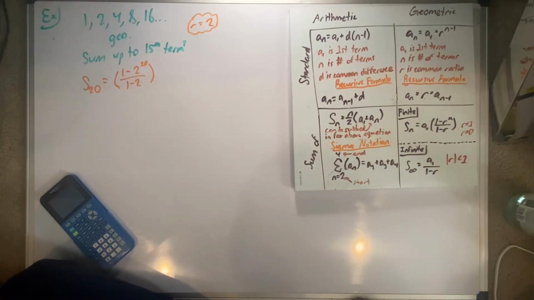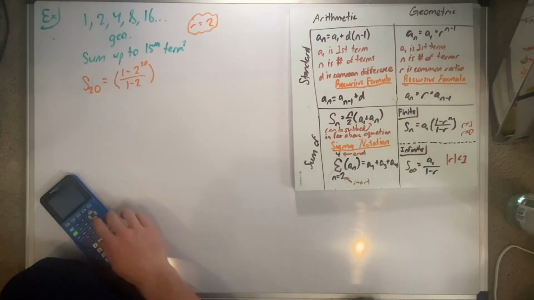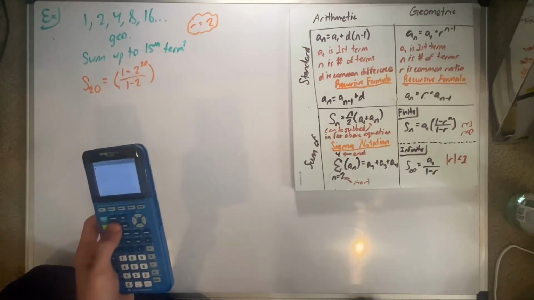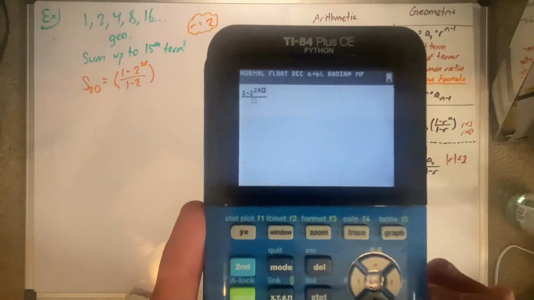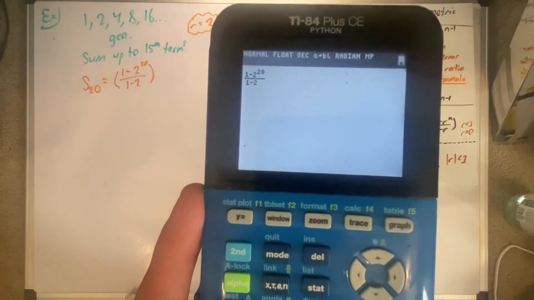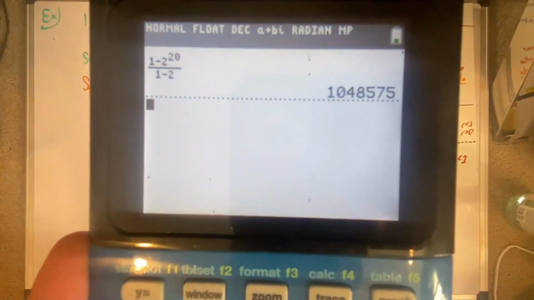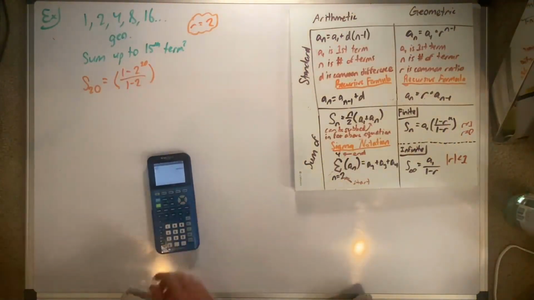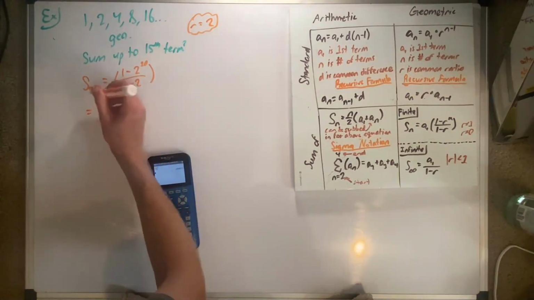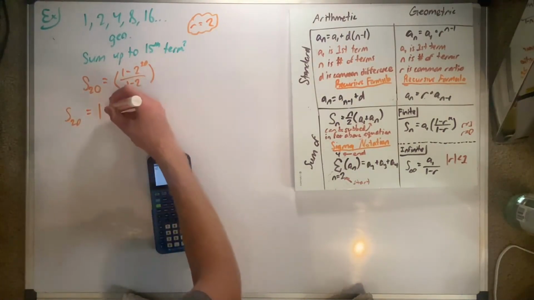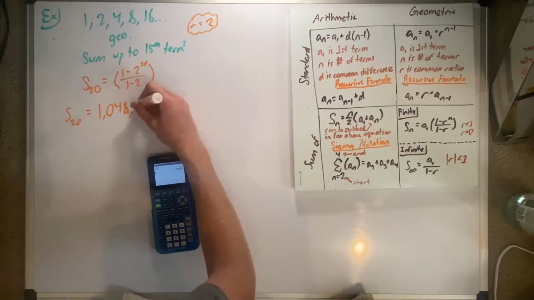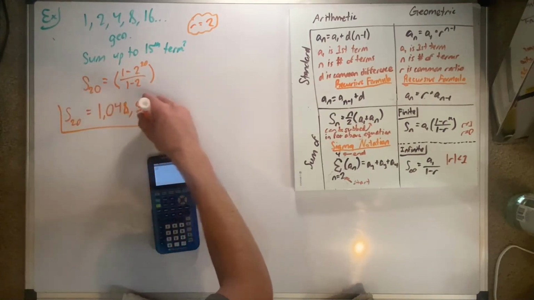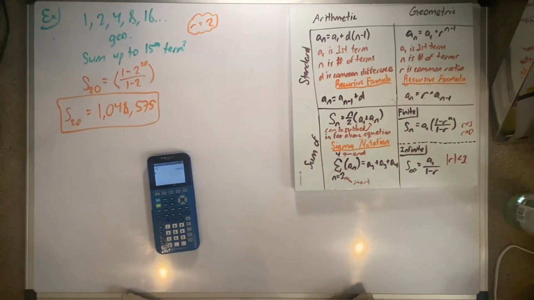Okay, now let's find our sum from here. Let's just plug it into our calculator. 1 minus 2 to the 20th power, divided by 1 minus 2, is equal to that huge monstrosity. S to the 20th is equal to 1,048,575. And then that's a finite sum.